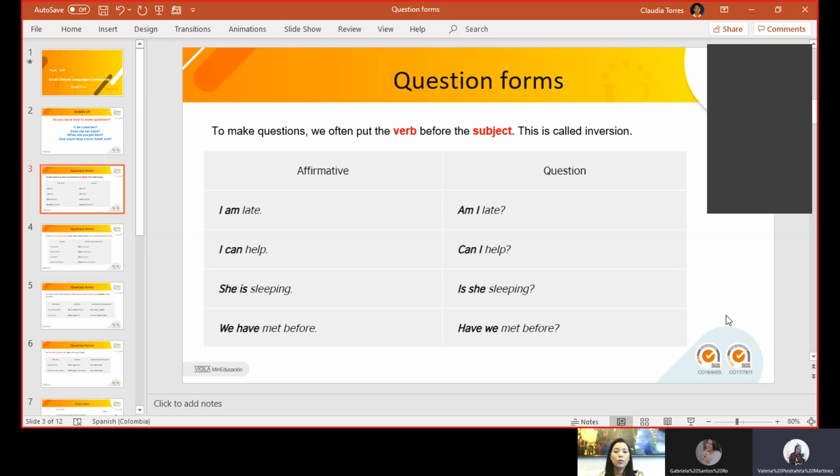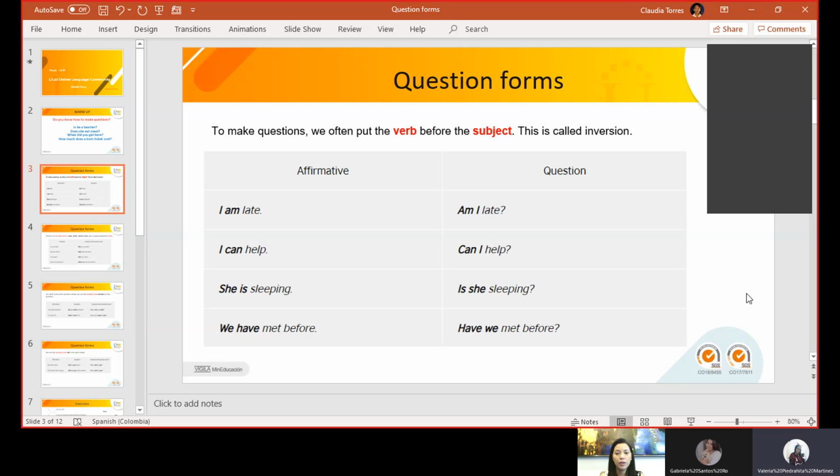So in the question, you change the order of the verb and the subject. Then we have I can help. I is the subject, can is the verb. Now you switch: can I help? Also, you raise the intonation, especially at the end of the question, and you always write a question mark at the end.